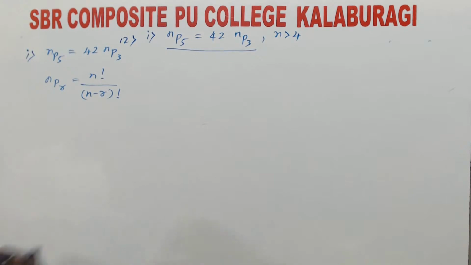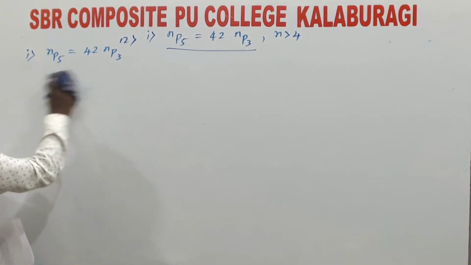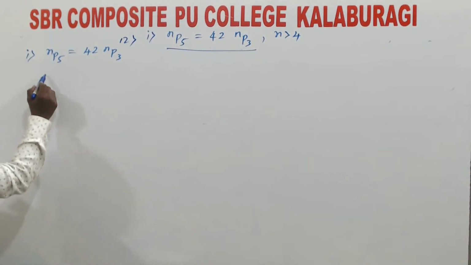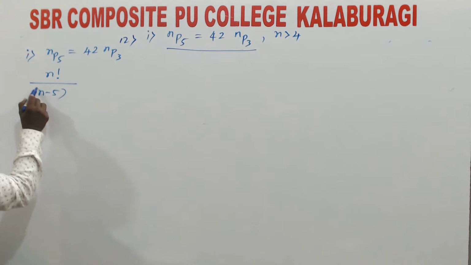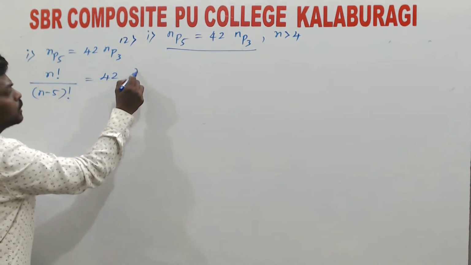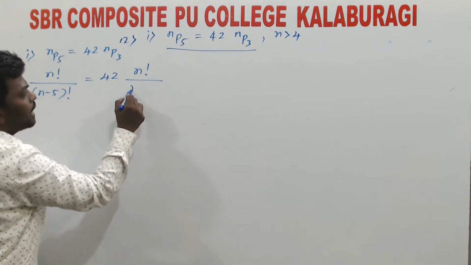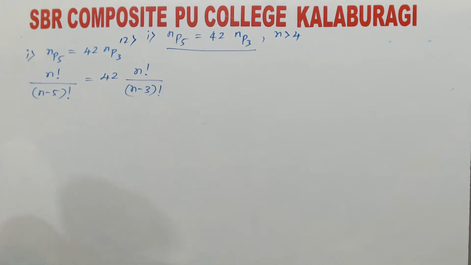Yes, students. Using this formula, we shall solve the given expression. So n factorial by (n minus 5) factorial is equal to 42 into n factorial by (n minus 3) whole factorial. Right, students?